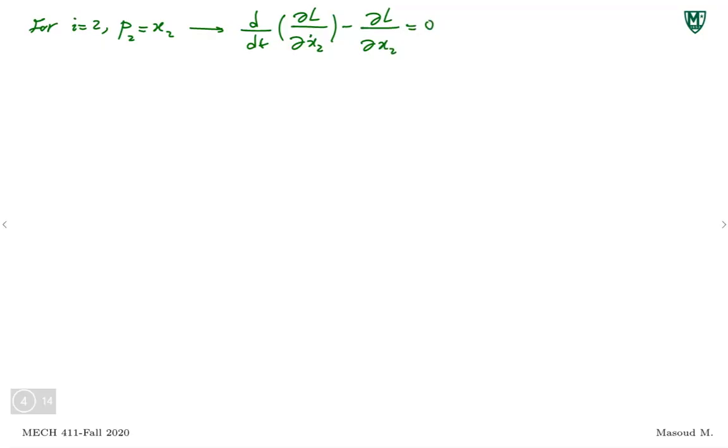No damping, so we don't need to worry about the term for Rayleigh's function.